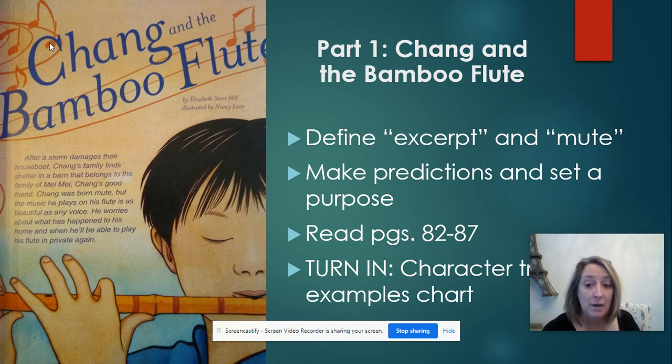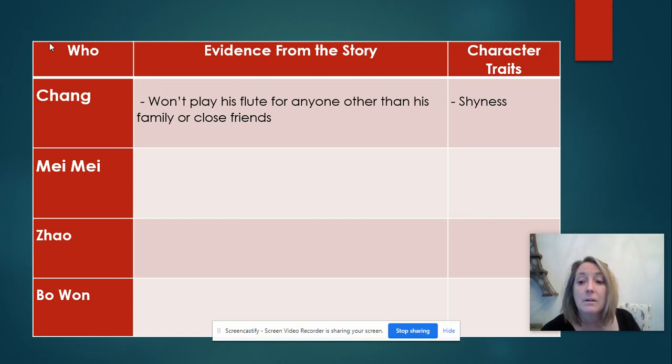For part one this week, you're going to be reading pages 82 to 87. Then you're going to be answering the questions on this chart. I want you to share with me some character traits that you found from the characters that you've read about. You don't have to use these four characters.